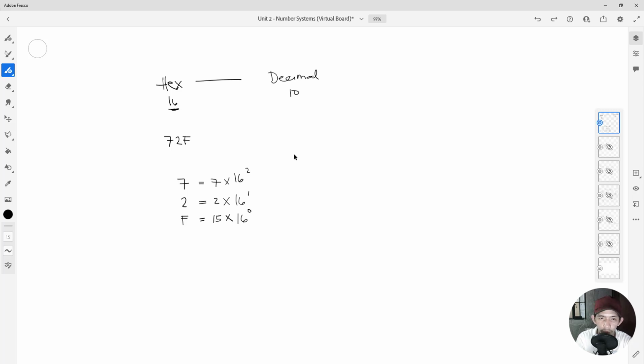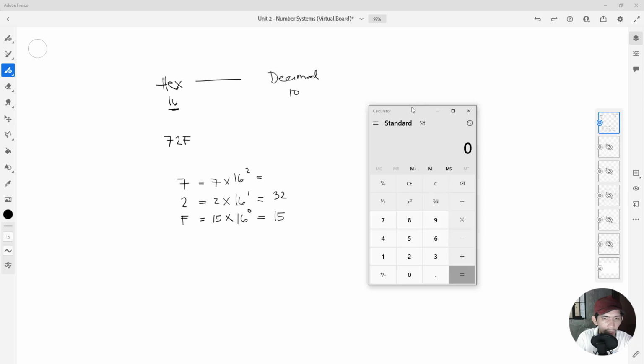So, 16 raised to 0, any number that is raised to 0 is 1, times 15 is 15. 16 raised to 1 is 16 times 2 is equal to 32. So, now, 16 raised to 2.